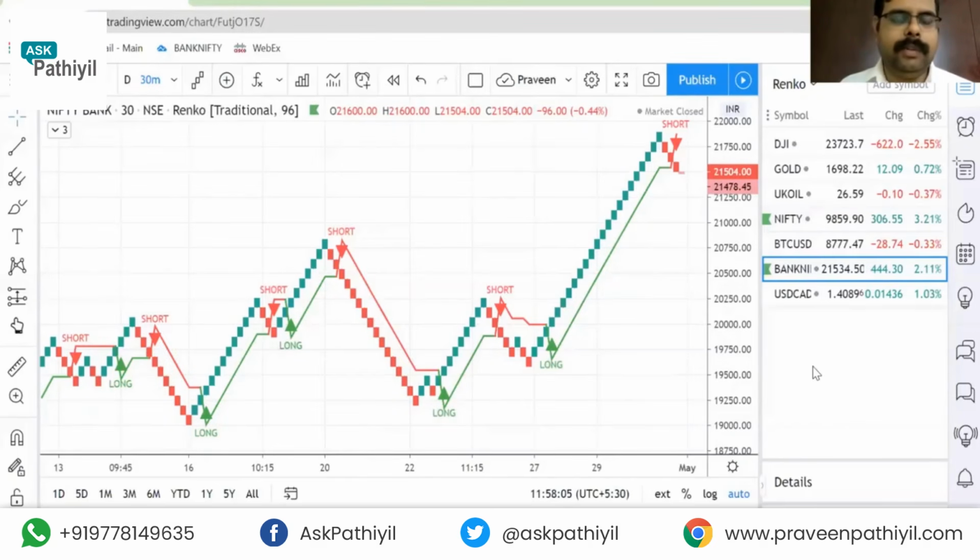You can define the time frame depending on the risk parameter that you have defined. So the ideal way of choosing the time frame, that also I'll give you a hint on how do you define an ideal time frame. The logic is very simple. Go and find out the ATR 14 value in whichever time frame that you are comfortable with.